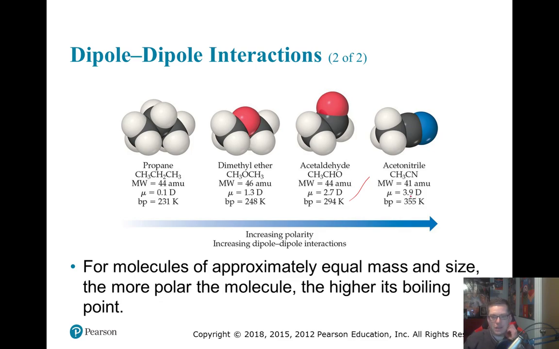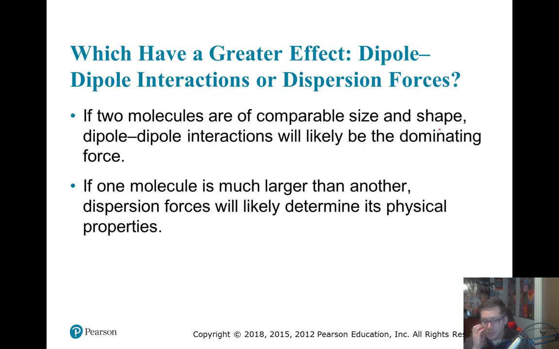Even if you were just comparing its dispersion forces, the dispersion force would tell you that it has the weakest dispersion force, but because of this polarity, it's actually got the highest value of intermolecular forces acting on it.